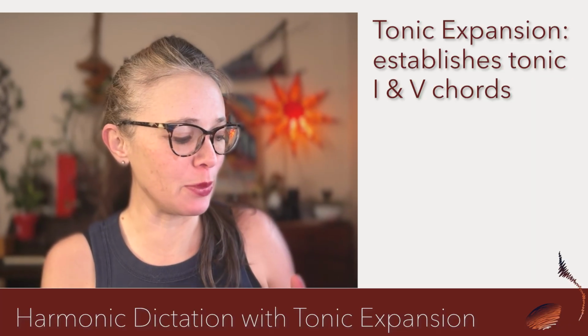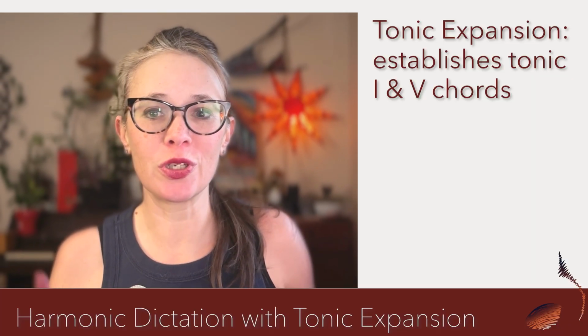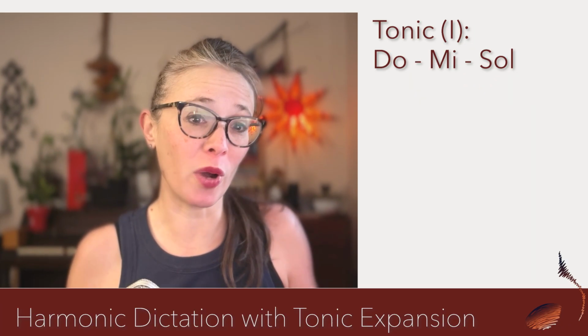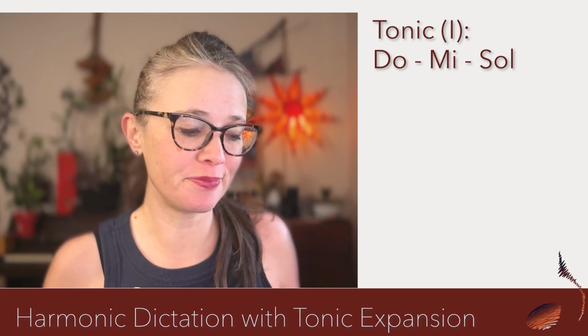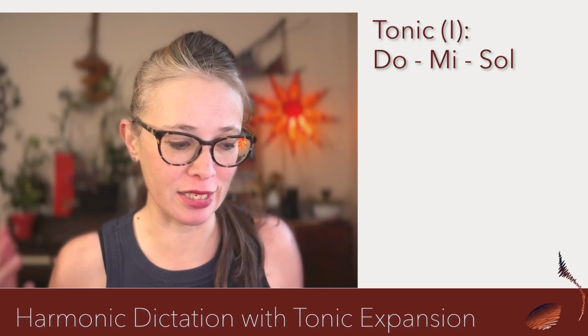All right, let's dig a little bit deeper. So what are those 2 chords made of? The 1 chord, do, mi, sol. That's it, 1, 3, 5, if you're thinking in the terms of scale degrees.